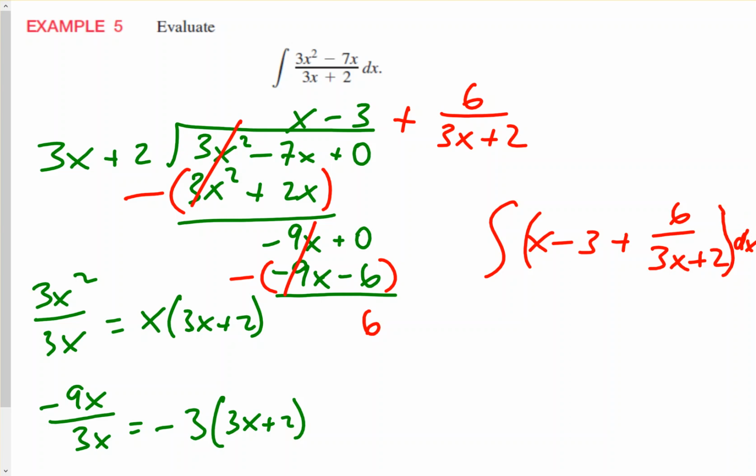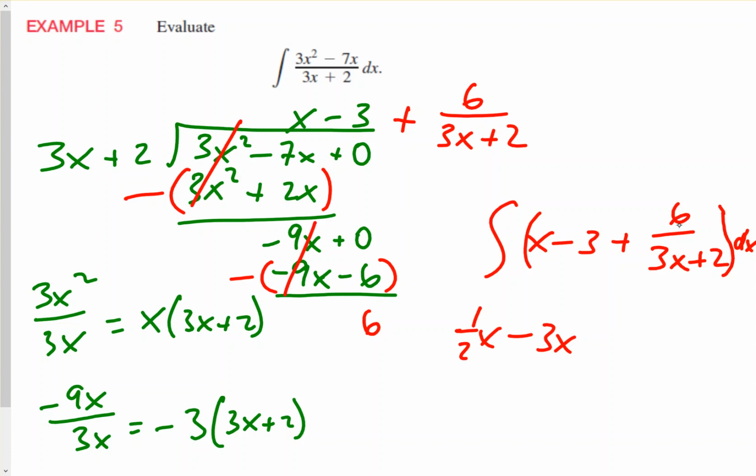So when we integrate it, we can integrate the x. What do we get? That would be 1/2 x squared minus 3x. And then for our fraction here, this looks like a ln. If we do ln of 3x plus 2, then we would have to multiply by 3. But here we have a 6, so that's good.